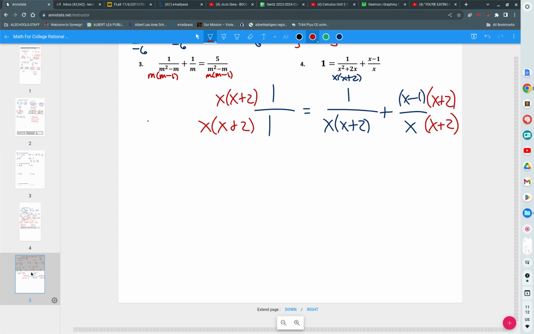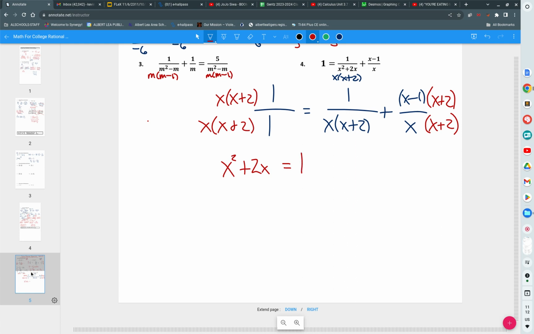And at this point, again, it looks like a big jumbled mess. And I get it. But once the denominators are the same, just focus on the numerators. So if I focus on this numerator here, anything times 1 is itself. x times x is my x squared. x times 2 is 2x. Then I have an equal sign.